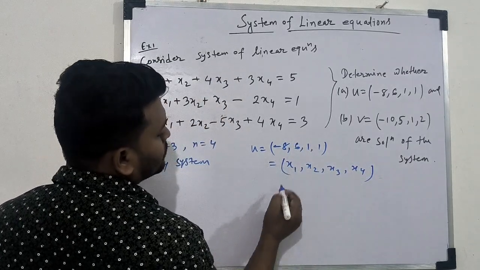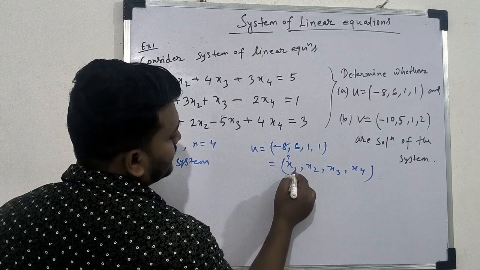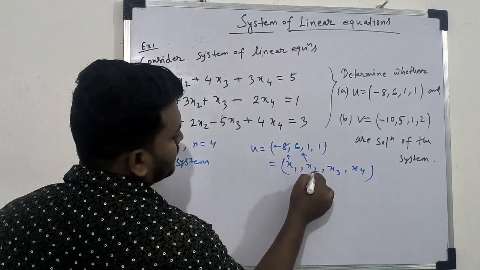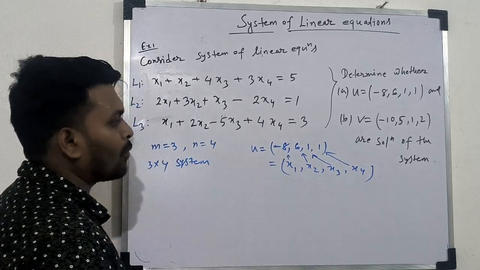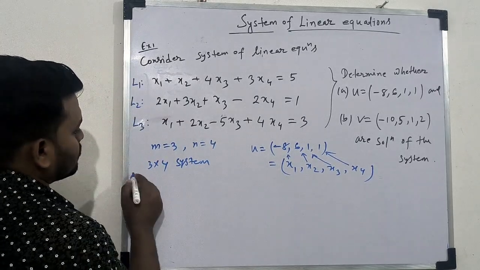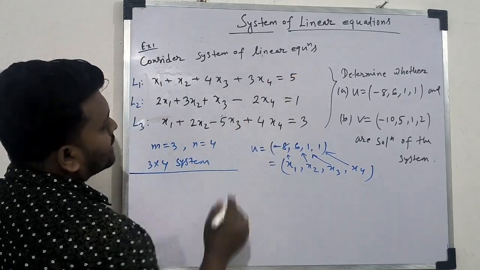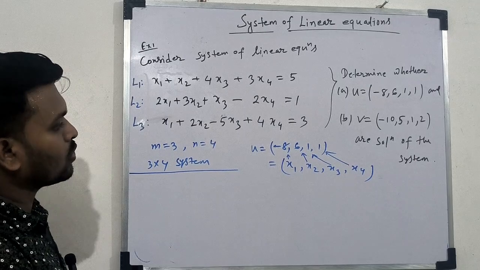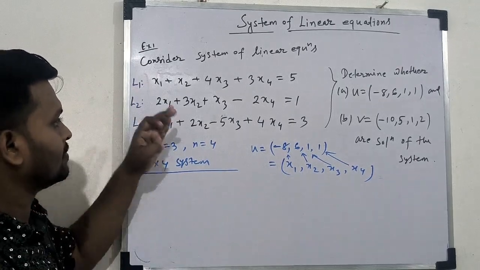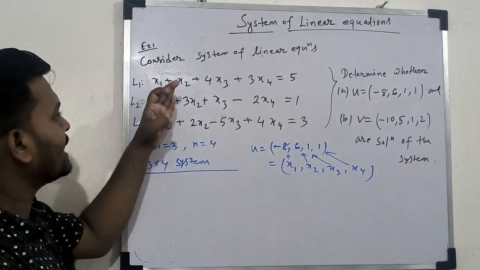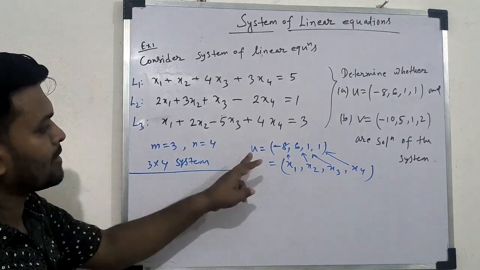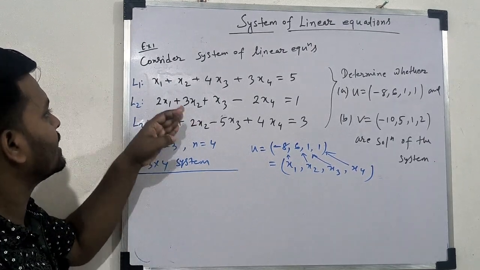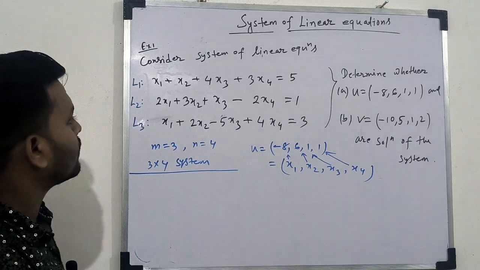We put -8 in the place of x1, 6 in the place of x2, and 1 in the place of x3 and x4 in these three equations. If this is satisfied, then we can conclude that it is a solution. If any one of these three equations is not satisfied by this u, then we say that it is not a solution for the system.